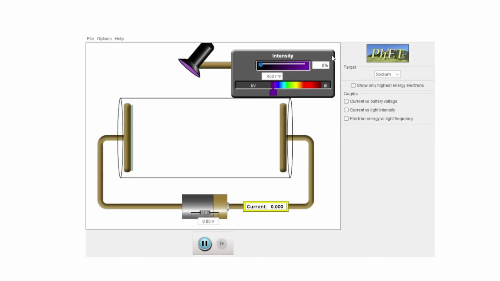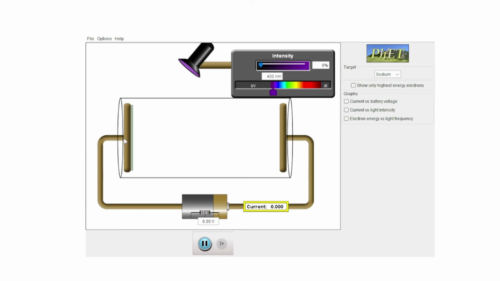So if we take a look at how the photoelectric effect can produce current, it's important to note the setup we have here, that the end receptor of the current is on the other side of our battery. Typically, if there was just a line coming out of here and there and then there's an ammeter, the only thing that would cause an increase in current would be the intensity of light.